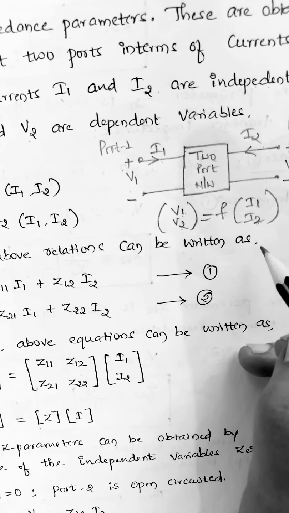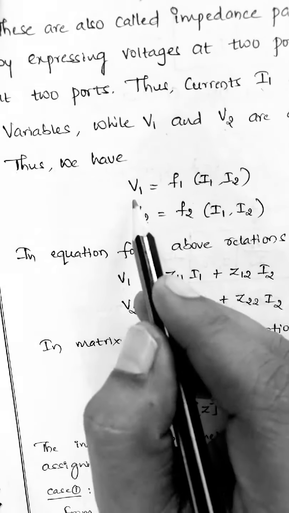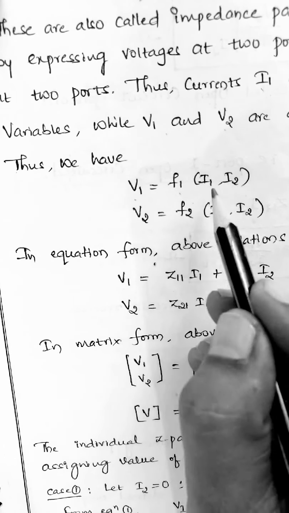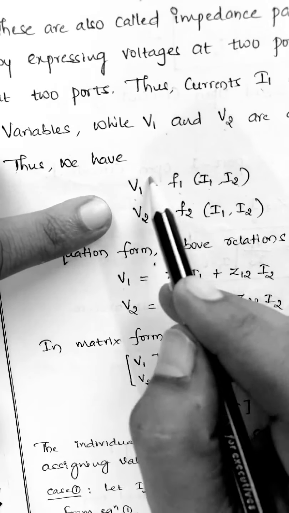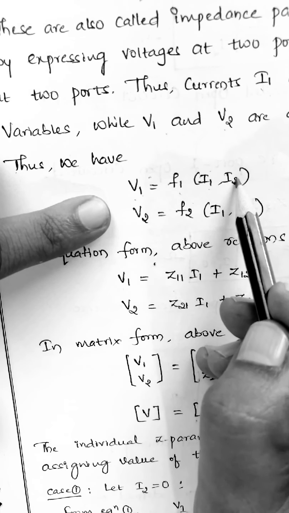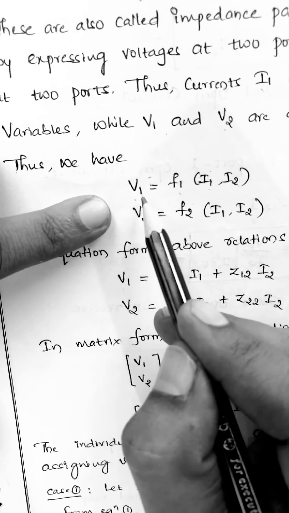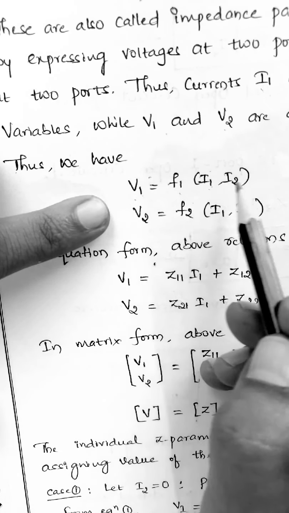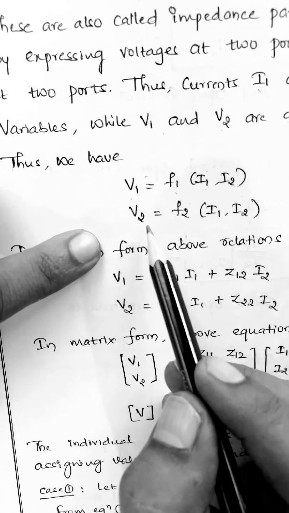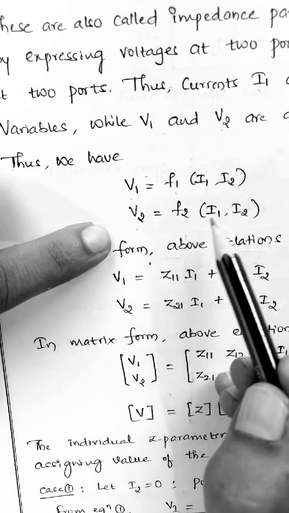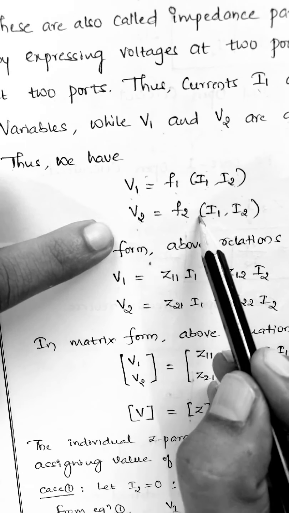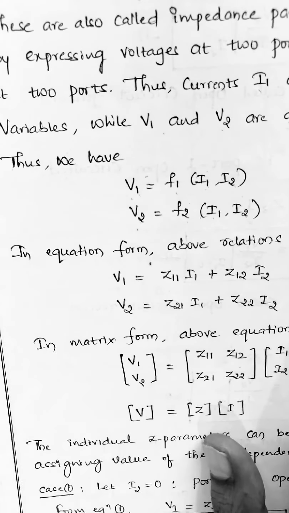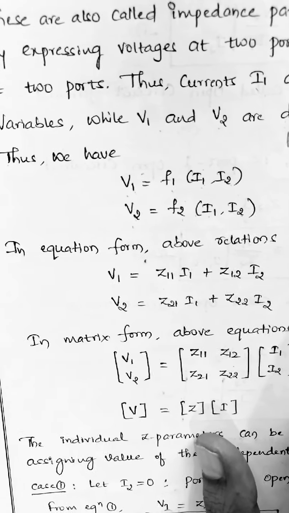The voltage V1 depends on I1 as well as I2. Similarly, the second voltage V2 is a function of I1 and I2. So here we are going to discuss Z parameters.